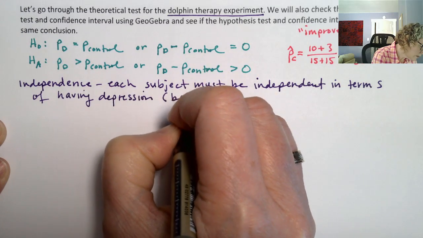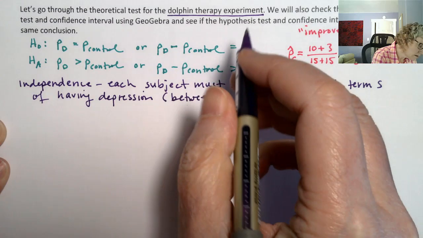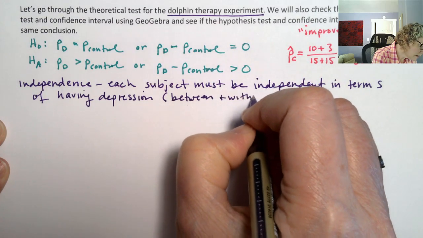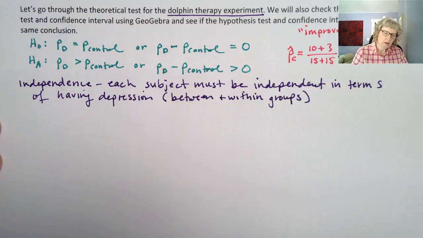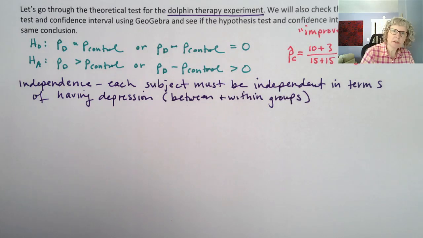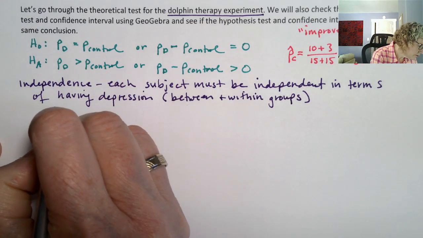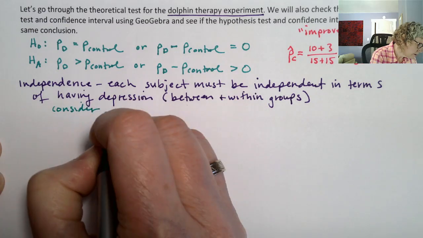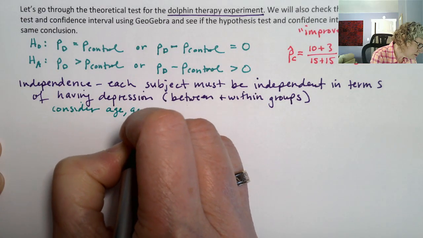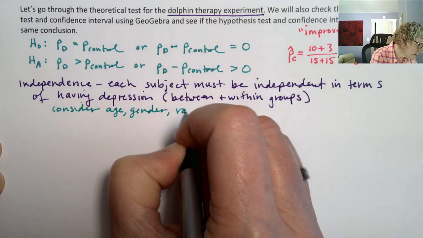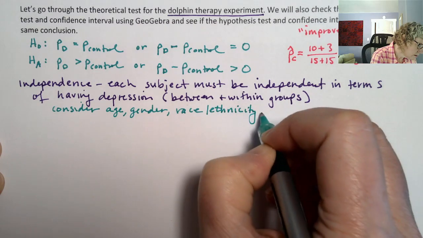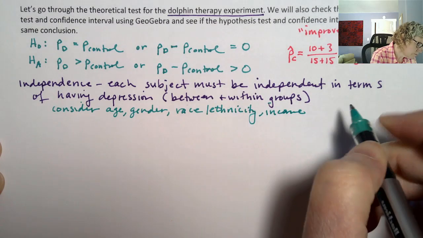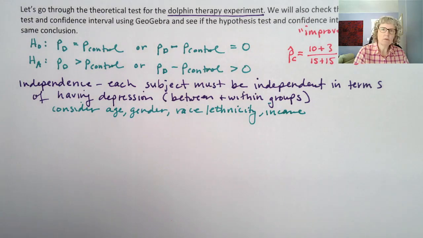Okay, and so that's between and within the two groups. Okay, and then of course we should consider all of our other factors. I'm going to say age, gender, race, and ethnicity, income. Yeah, so I'm sure there's other things you could think of as well.